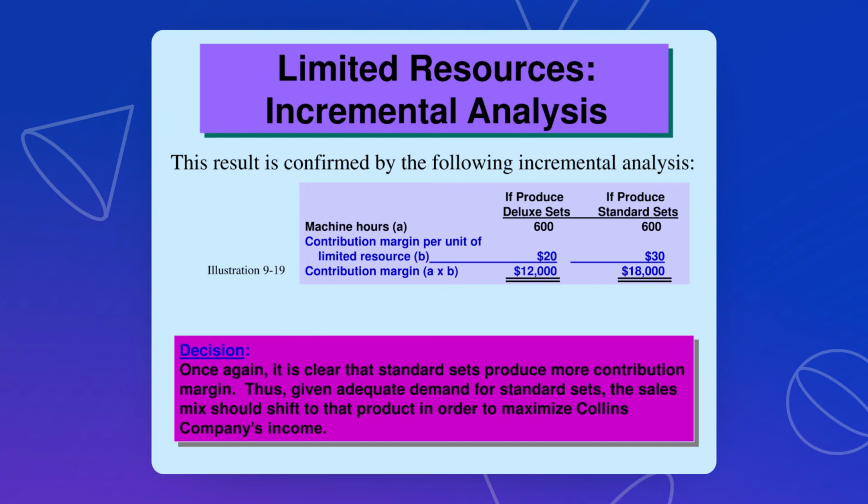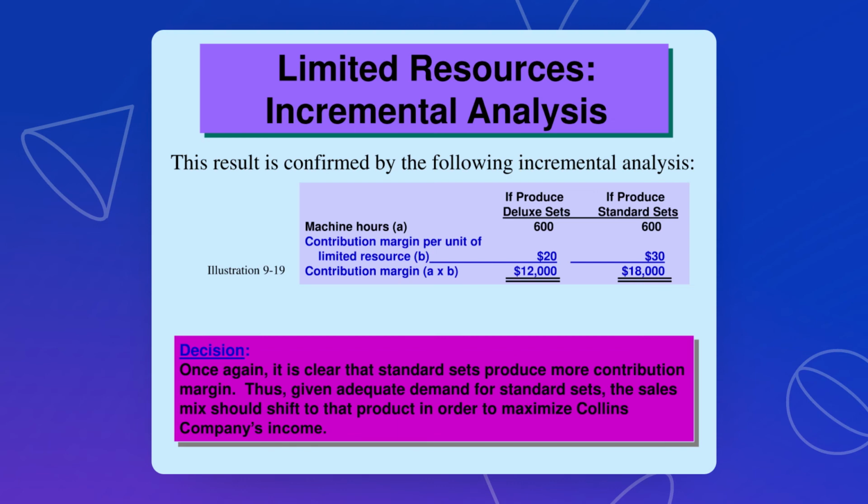For example, class, the machine hours is 600, and if we produce 600 standard sets, just multiply it by 20 and 30 respectively. So which is the best? The best is producing standards, because in terms of producing standards we have 18,000.